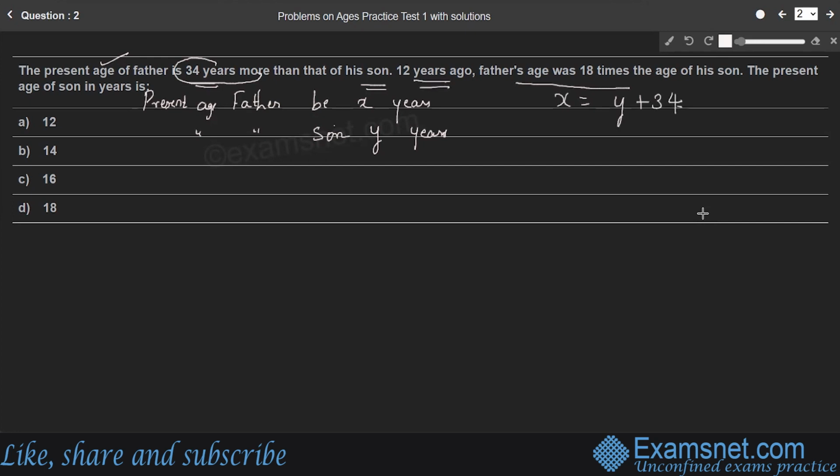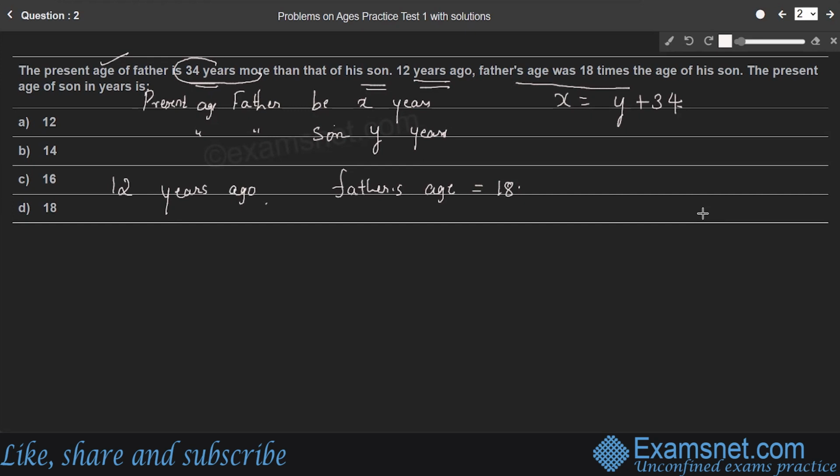12 years ago, father's age was 18 times the age of his son.